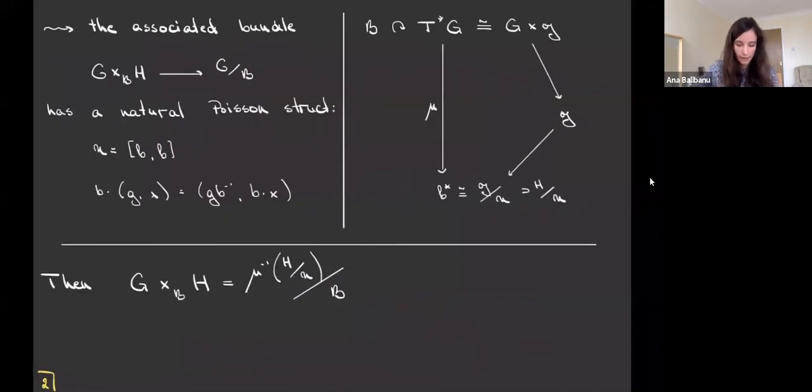Okay. So when I fix a Hessenberg subspace like this, I have an associated bundle over the flag variety. This bundle has a natural Poisson structure, which I'll explain very briefly.